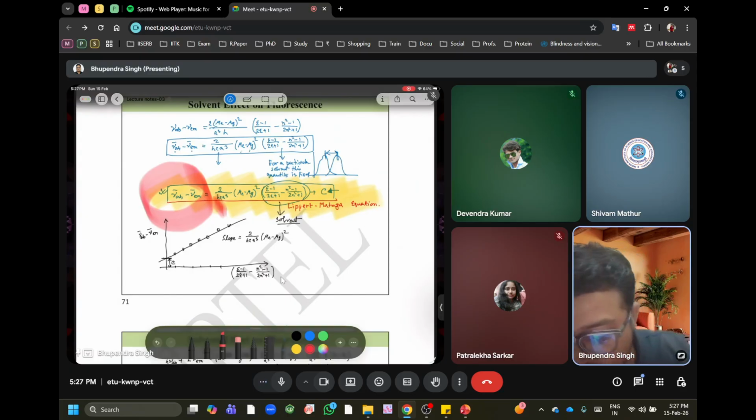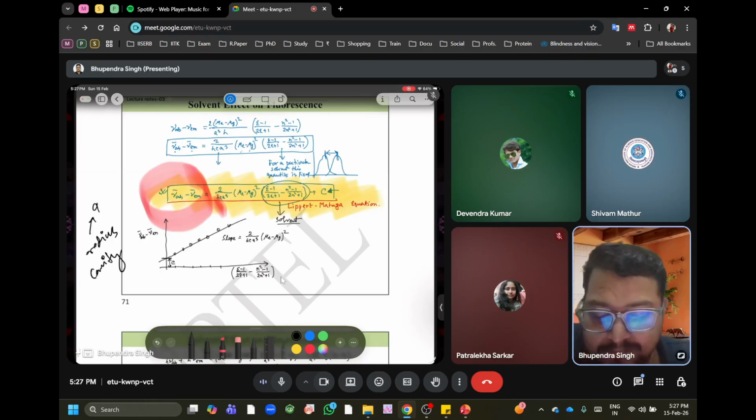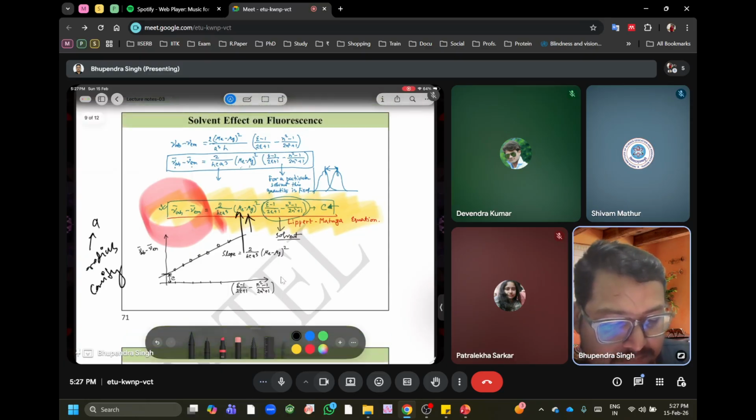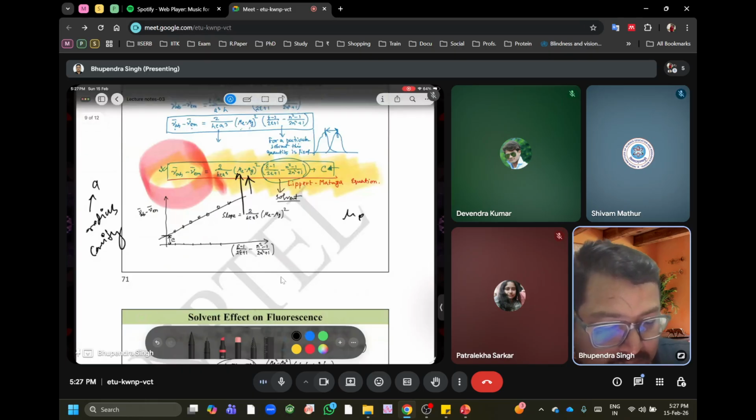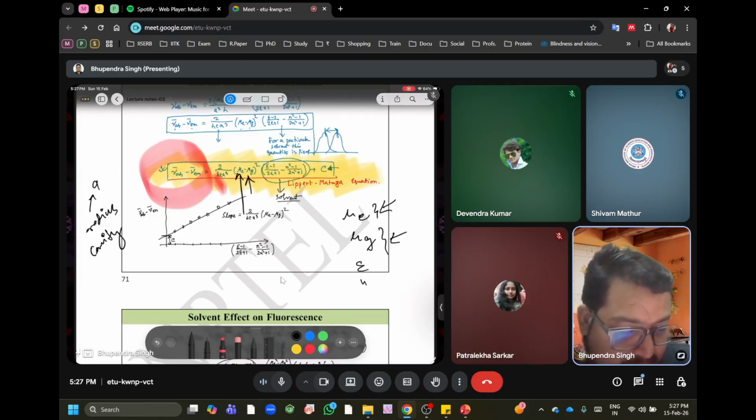And a is the cavity radius. And mu E, mu Z are the dipole moments of the excited state and the ground state, and epsilon and n are the dielectric constant and refractive index.